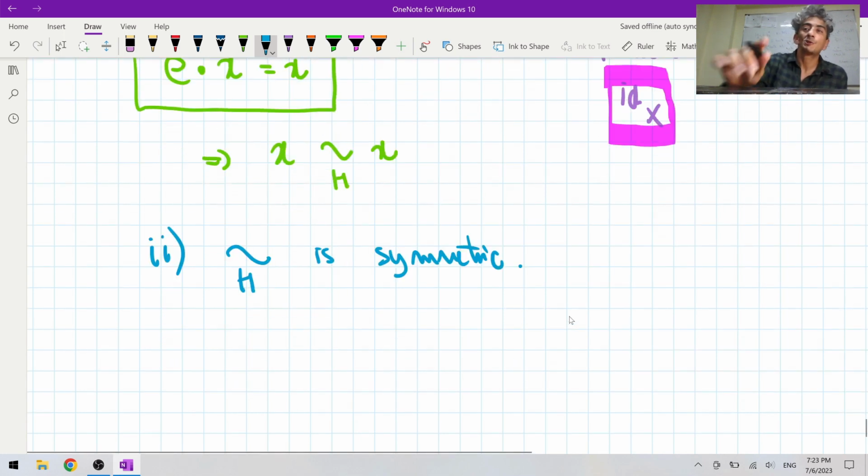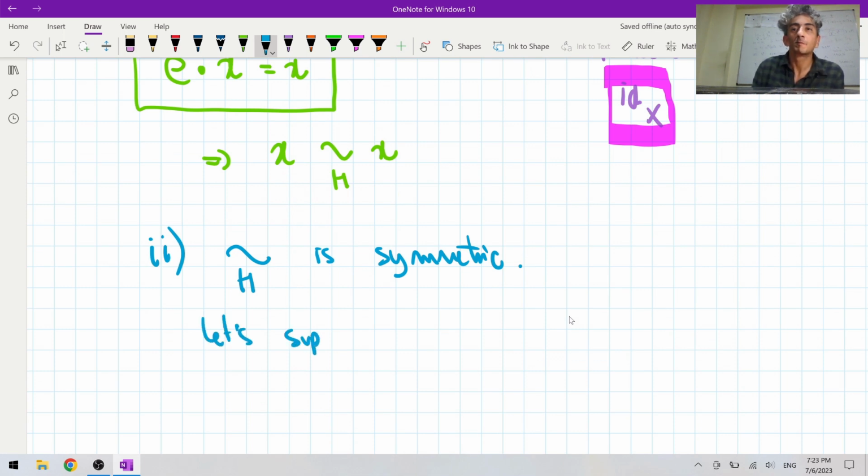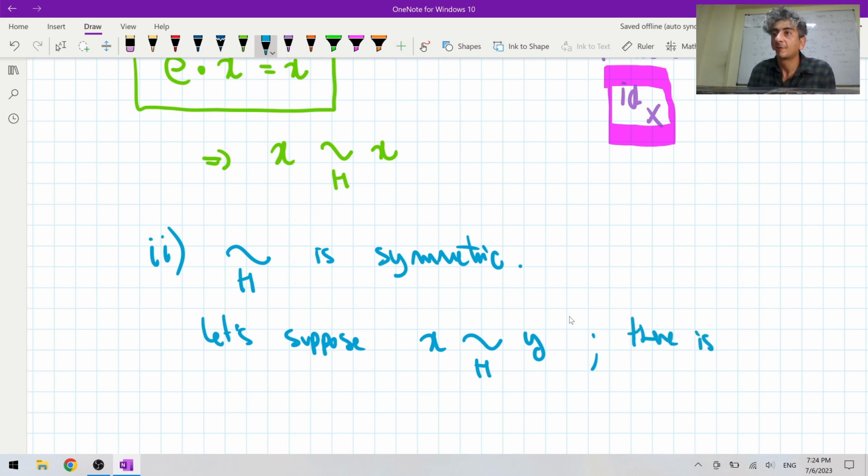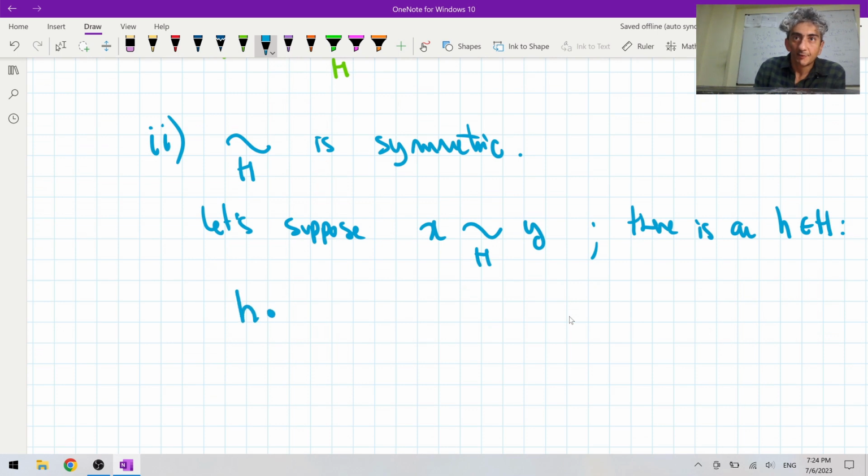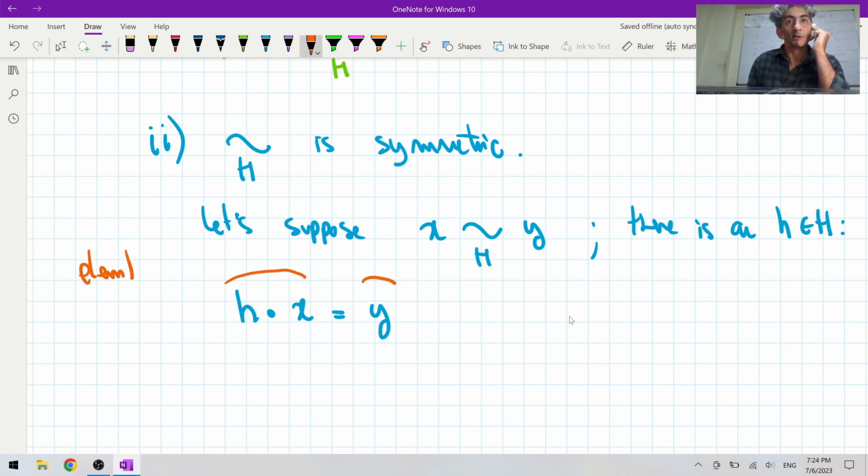So let's suppose that X is related to Y. That is, there is an h in the group such that h acts on X and yields Y. So we need to show that there's another element of H that takes Y to X. And since these are two elements of X, since they're the same element, we can apply a different function.